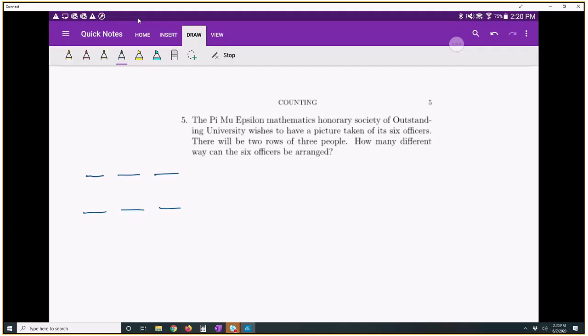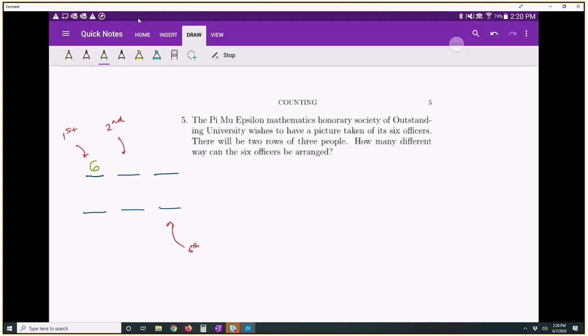Well, if we think about these as 6 different processes, and say maybe this is the first process, and then this is the second, and so on. Finally, this is the 6th. Then for the first person, we can choose between 6 different people. We have 6 different people that could stand in this space.